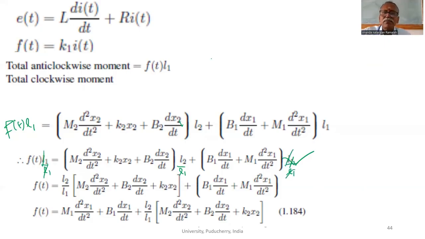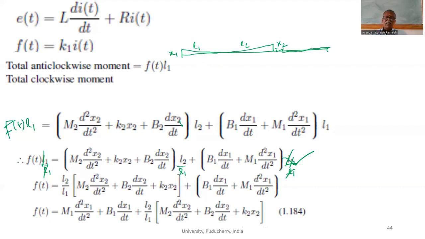But we know that the displacement is very small. This is the distance L1, this is L2. The displacement here is x1, and here the displacement is x2.